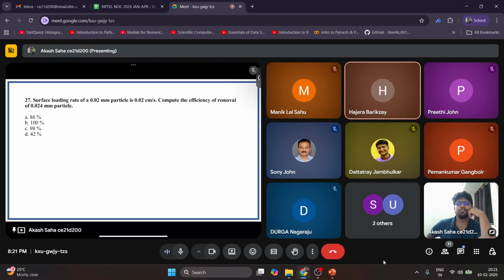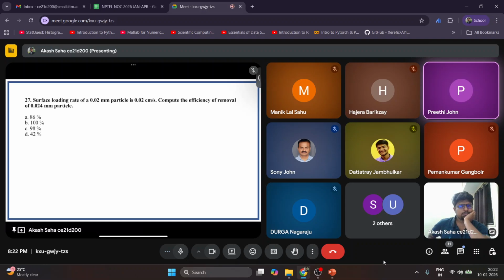V naught, is it V naught? It is a particle size. Okay, can you give us some hint? Would the surface loading rate be the same for both?